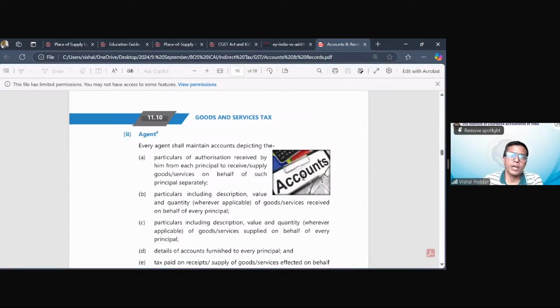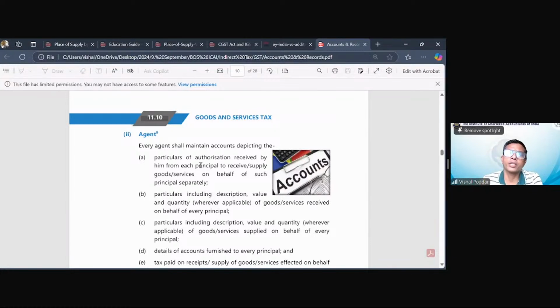Now, if you are an agent working on behalf of some other person, you have to maintain the following further details. First, particulars of authorization received by him from each principal.